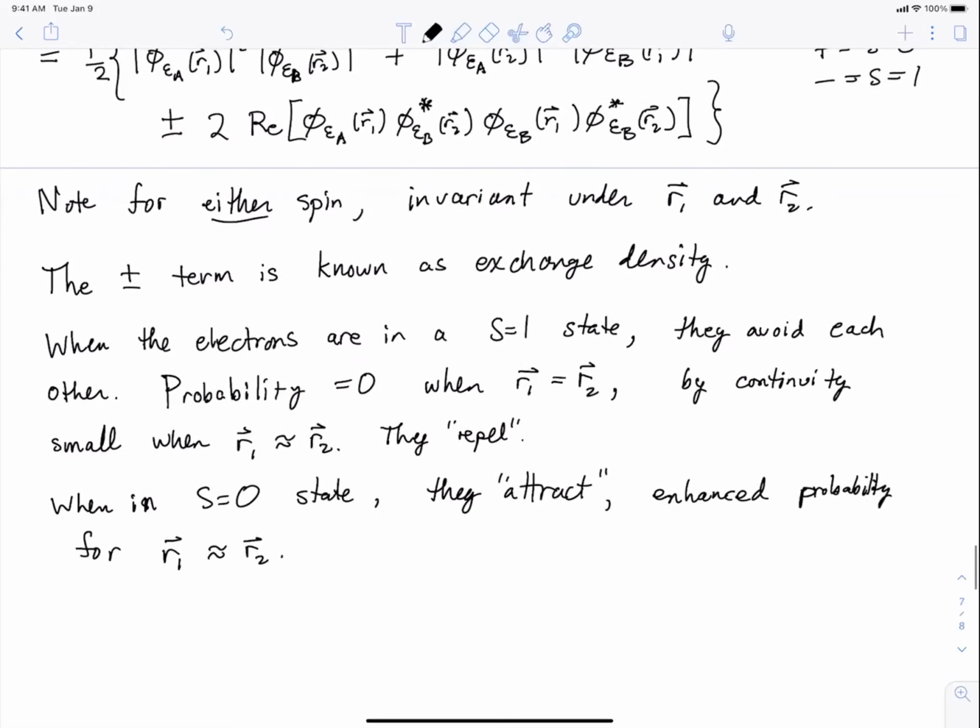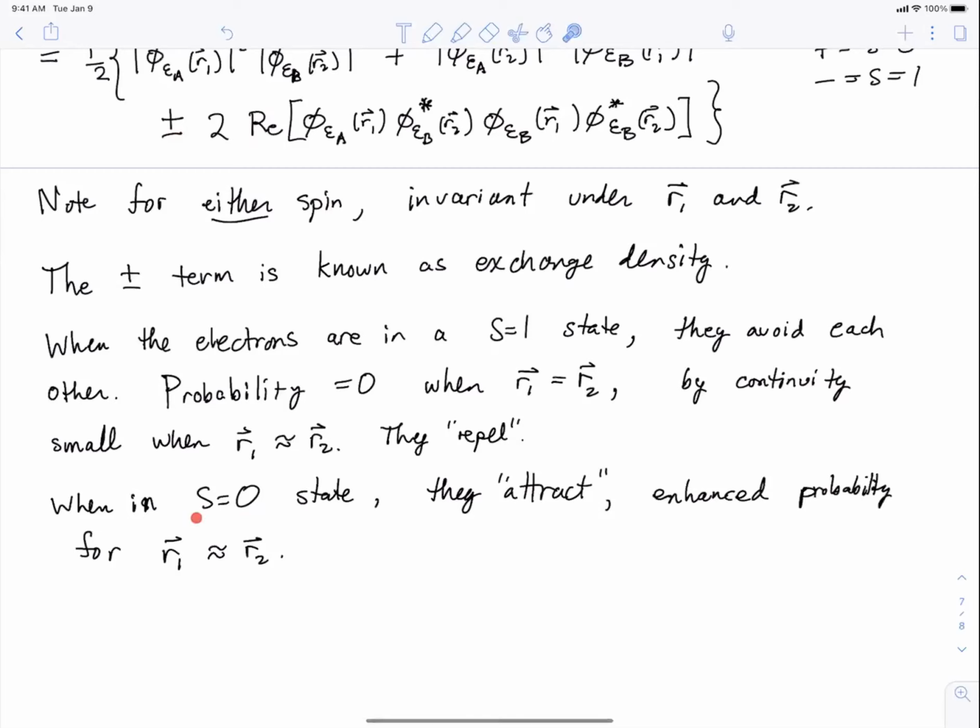Okay, so looking ahead a little bit, now suppose we actually do include the electrostatic repulsion between the electrons as a perturbation on top of what we're already doing. So what does that mean? That means the S equals 0 state here is going to have the electrons close together where they're trying to repel each other, and therefore they have a higher potential energy.